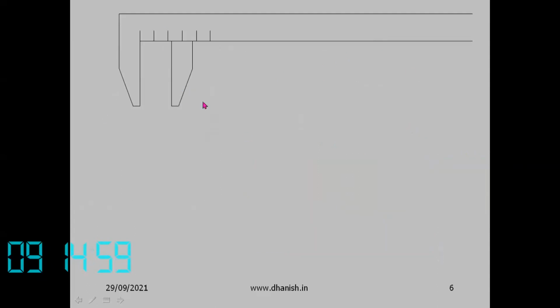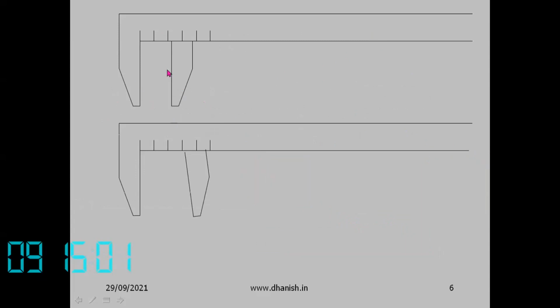For example, in a vernier caliper, the movable jaw may be tilted like this, and this is the object being measured. If this angle is theta, the actual dimension is this.